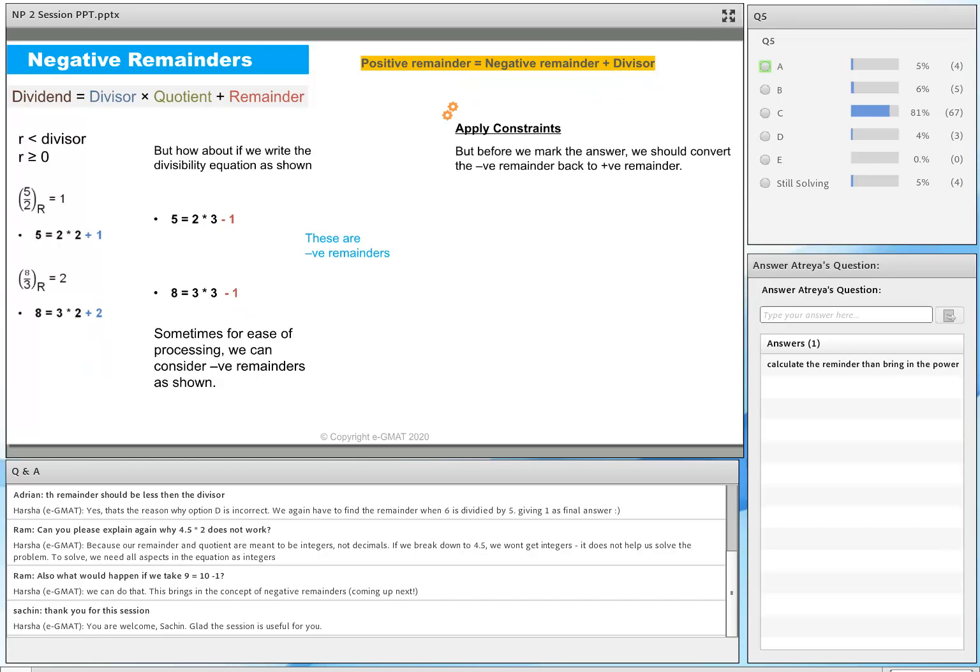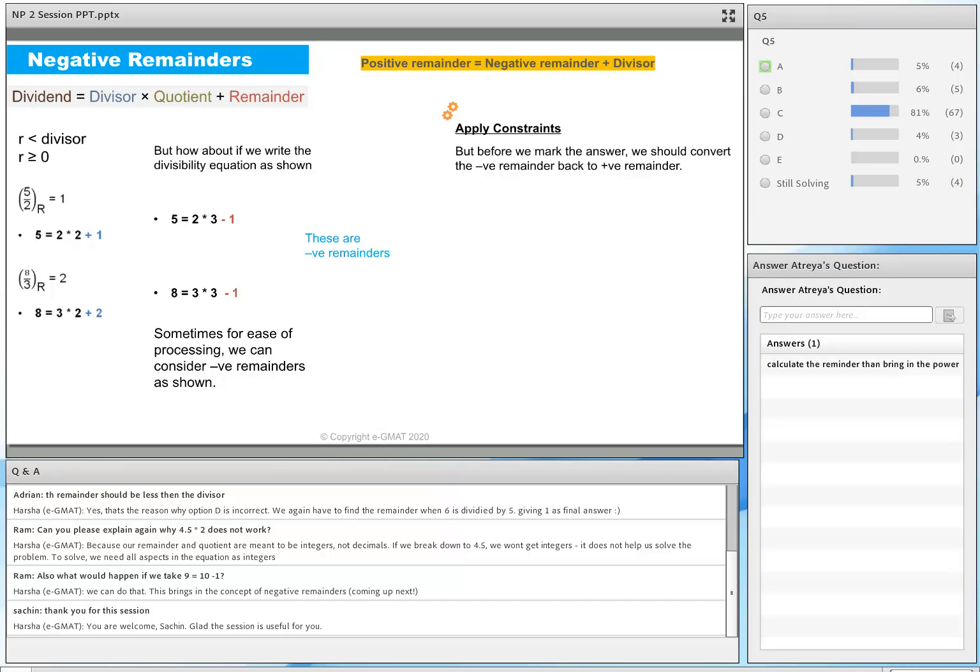Now, one very, very important point. Can negative remainders be the final answer? I guess Kirti had this question previously. A negative remainder can never be the final answer, guys, because by the definition of remainders, it always has to be a non-negative number. It can either be 0 or a positive number. It can never be a negative number.